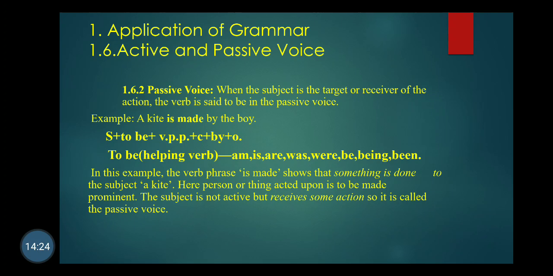Structure of passive voice: subject plus to be plus verb past participle plus by plus object. Active voice denotes subject is important; passive voice denotes subject is not important but action is important. Have you got it?